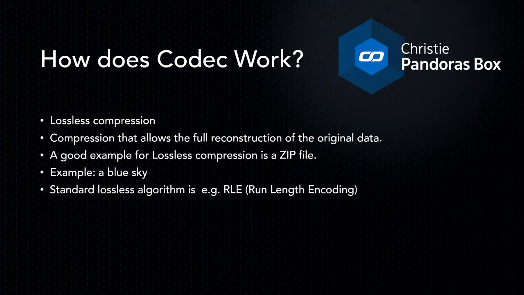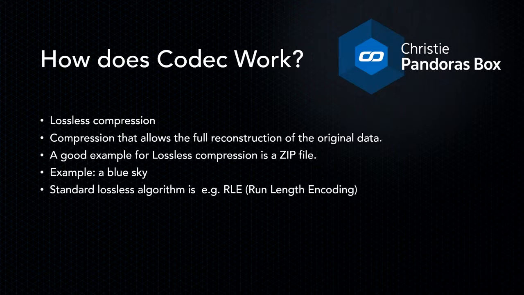A standard lossless algorithm, for example, is RLE, run length encoding, and you have to know you can use a variable bitrate or a constant bitrate. That's another technical thing. Better look it up, but now you have heard it.